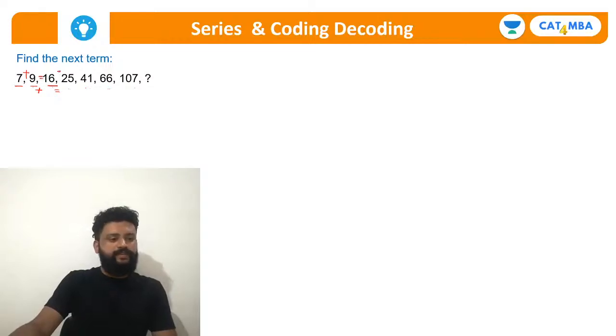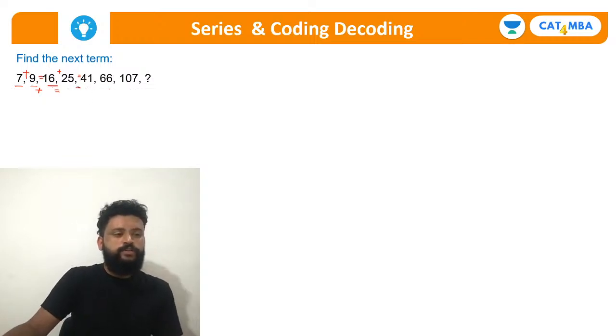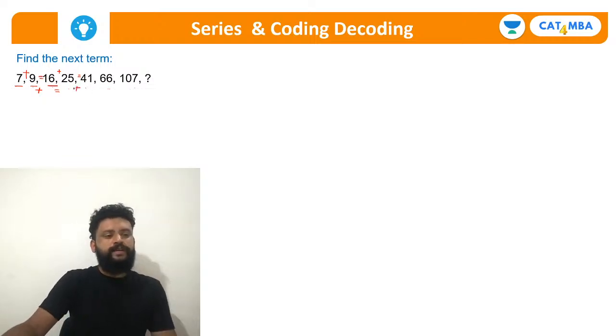If I say 16 plus 25, if I add, that will be 41. 25 plus 41, that comes out to be 66, and 66 plus 41 add, that comes out to be 107. So 66 and 107. 66 plus 107 is 173.